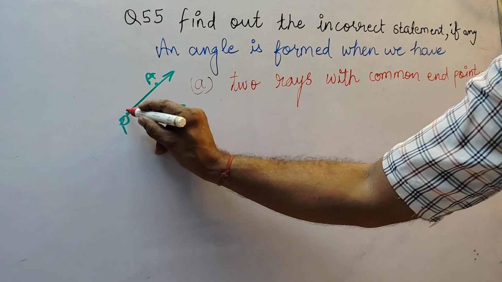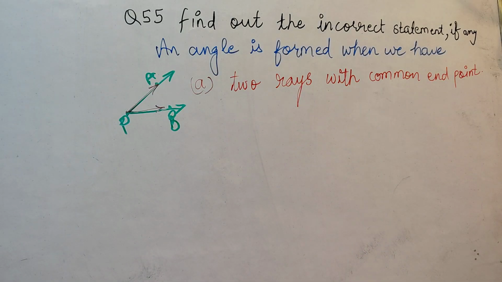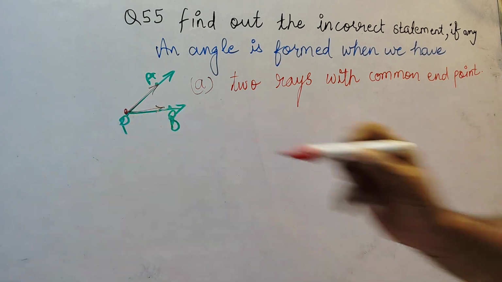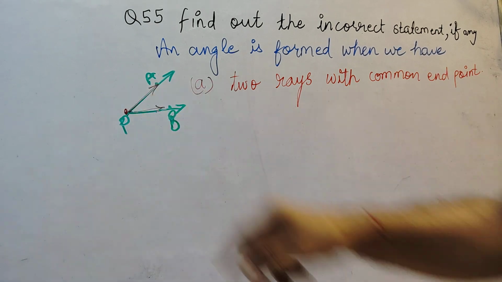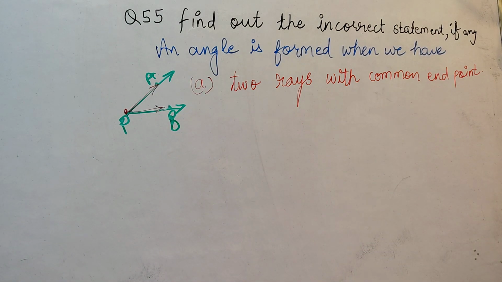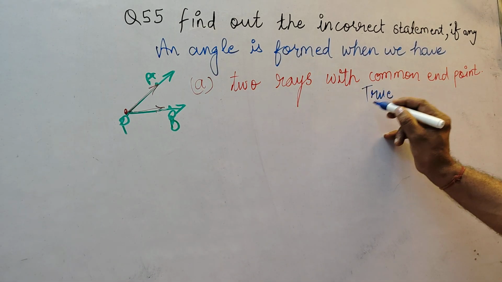Yes, this is ray 1, and the second one is ray 2. And they have a common point at P. When we touch the common point of both the rays, it forms the angle. So that's why it is true.